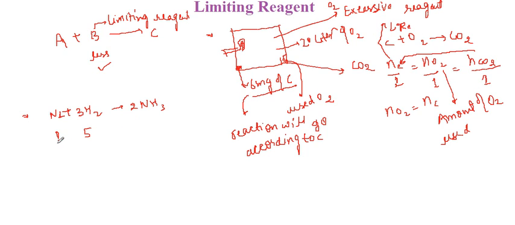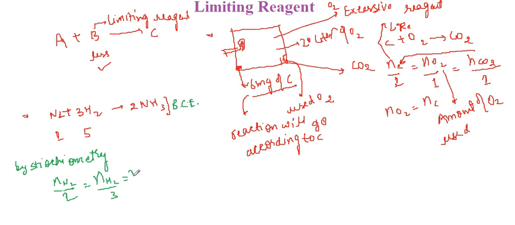First, we have to check whether it is a balanced chemical equation. When it is balanced, by stoichiometry, the number of moles of N2 divided by 1 equals the number of moles of H2 divided by 3 equals the number of moles of ammonia divided by 2.